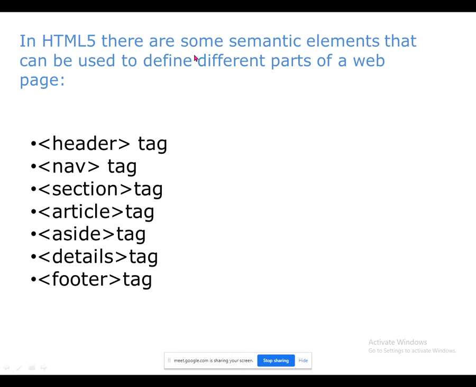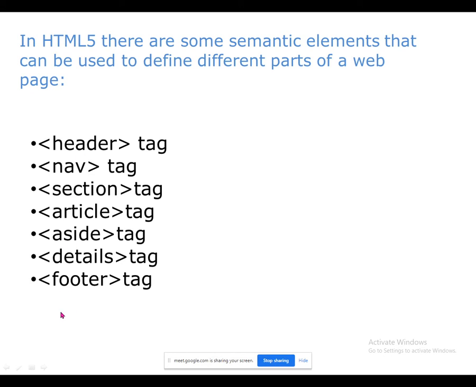So in HTML5 there are some semantic elements that can be used to define the different parts of a web page. This thing is very important: where we are going to use these semantic tags and what all the semantic tags are. See, some list is given over here, but apart from this list there are more semantic tags used in HTML5.